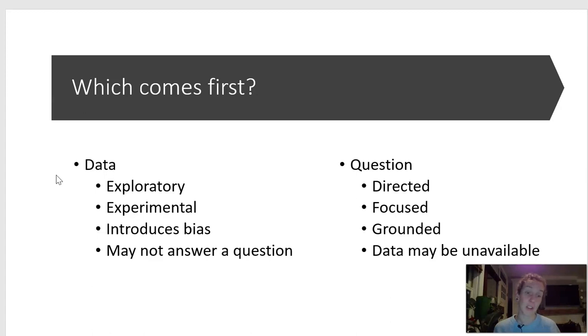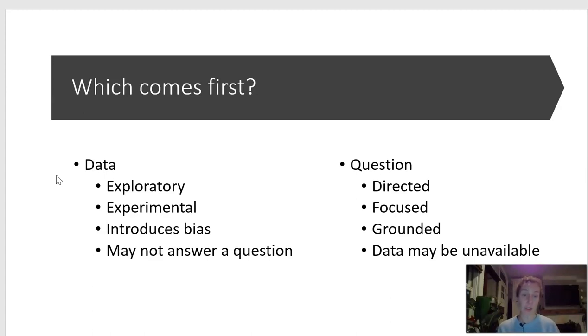And there may not be a question that it answers. So saying, oh, I'm going to let the question come from the data is a method that inherently introduces this notion of bias, that whatever's the data is going to speak to me, right?